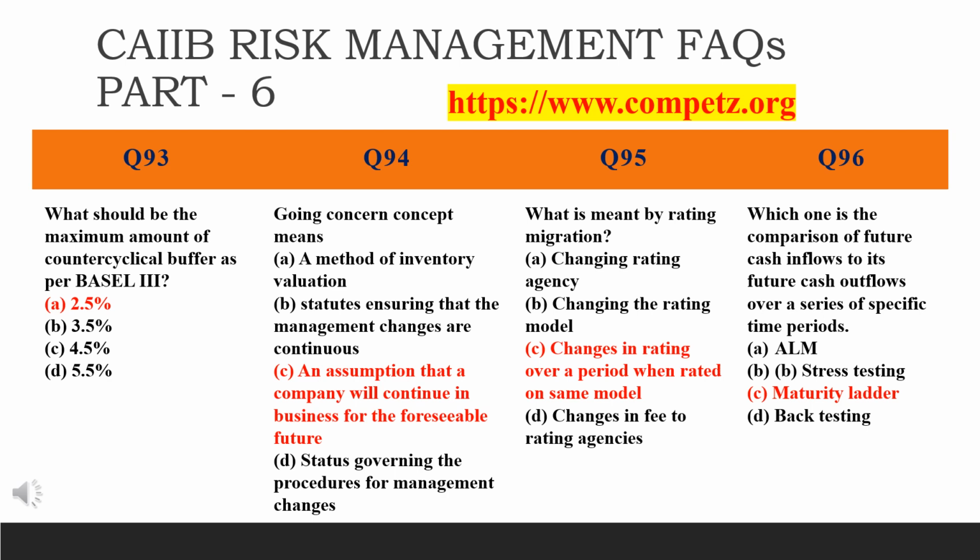Because the maturity ladder is a series of time buckets, as per the following example: day 1, day 2 to 7 days, day 8 to 14 days, day 15 to 30 days, day 31 to 2 months, 2 to 3 months, 3 to 6 months, 6 months to 1 year, 1 year to 3 years, then 3 years to 5 years, like that over 15 years. The inflow and outflow of funds are examined one by one and placed in their respective time buckets.